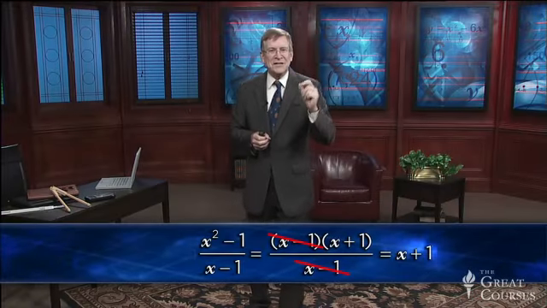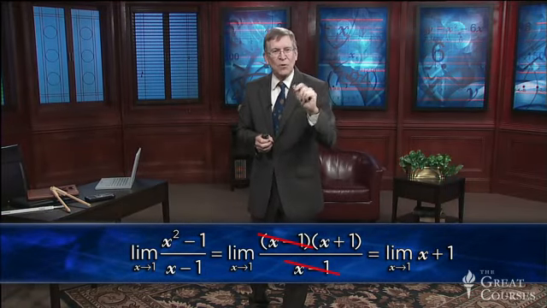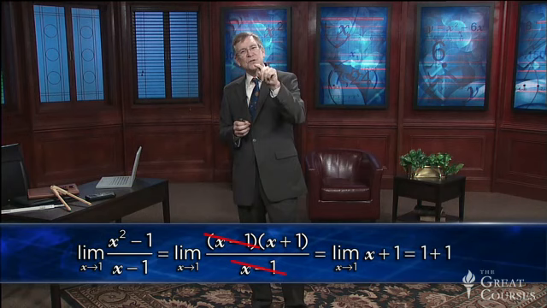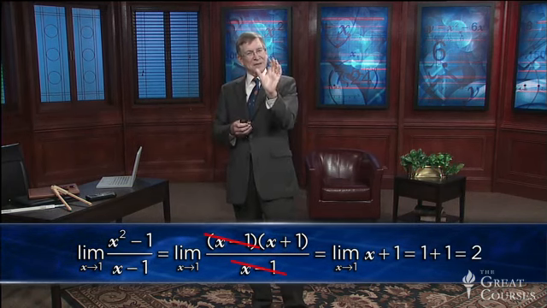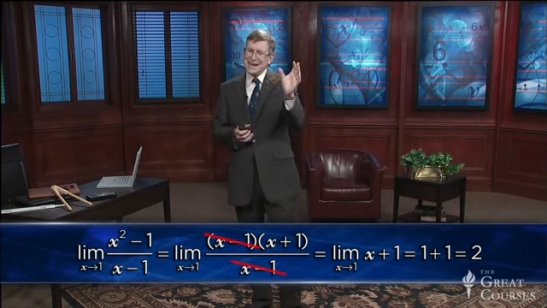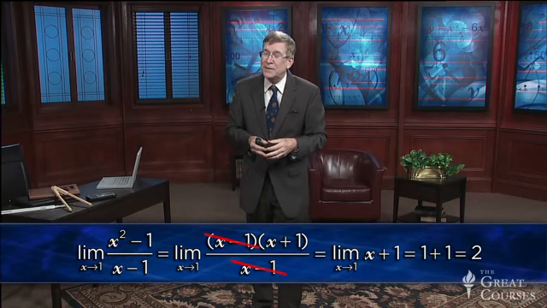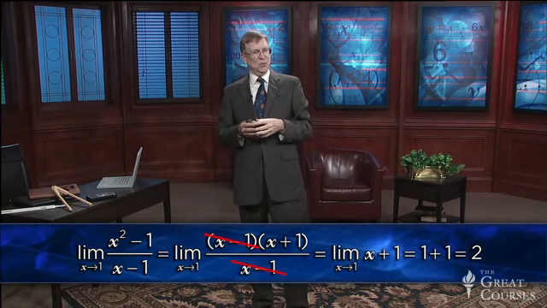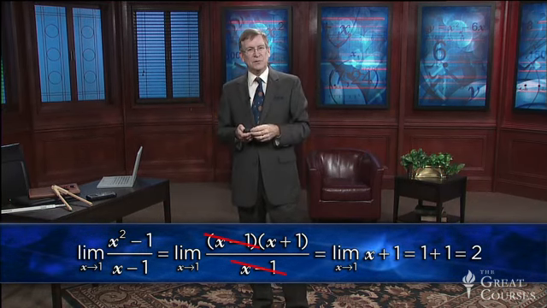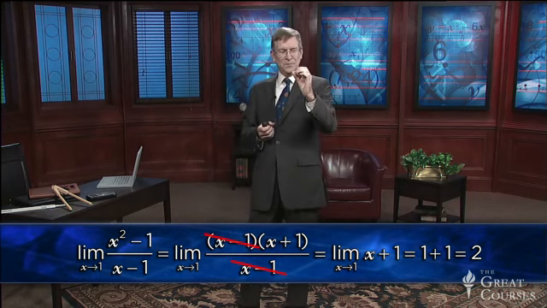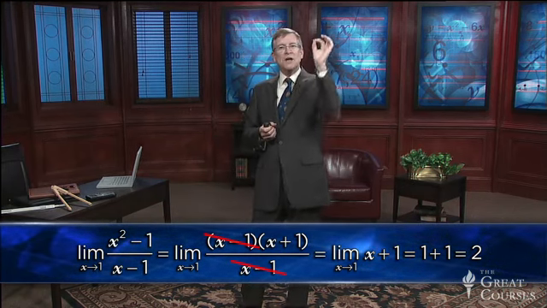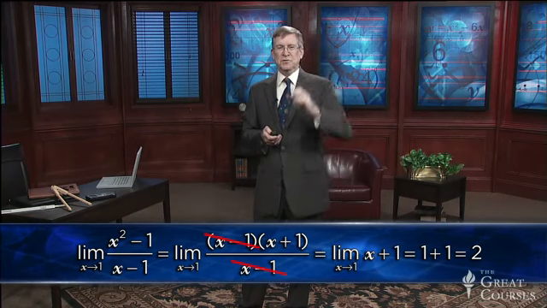What's the limit as x approaches 1? Well, the limit would be 1 plus 1 or 2, because the limit of that quotient is the same as the limit of x plus 1. And now we can plug in 1 and we get the answer of 2. In other words, the hole when x is 1 wants to be filled in with the value 2.